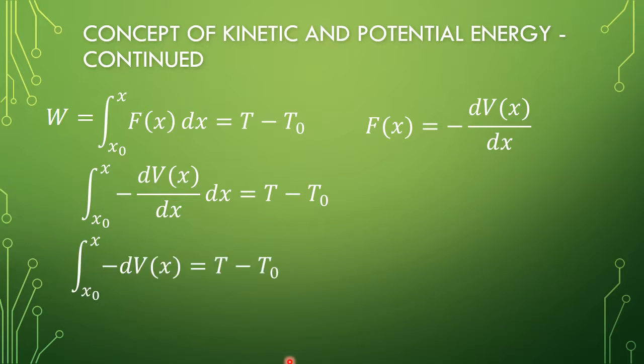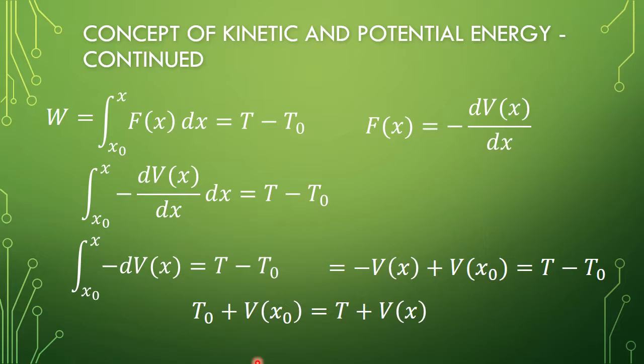And then the integral exchanges this, and I can still integrate both sides, and what I get is this. Now, if I put all the initial on one side and all the final on the other, I get this expression, and this expression is a constant, and we call this the total energy of the system. So now I know that the total energy of the system is equal to its kinetic energy plus its potential energy.